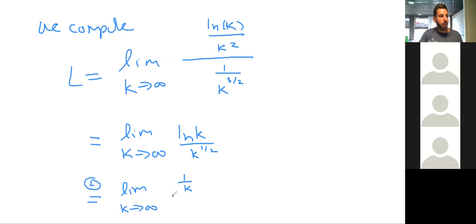The derivative of log k is 1 over k. The derivative of the denominator is 1/2 k to the negative 1/2. Let me fix that writing.